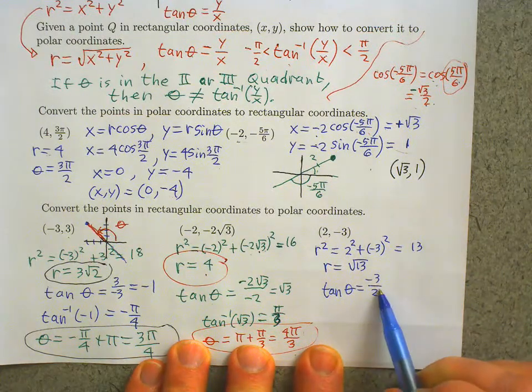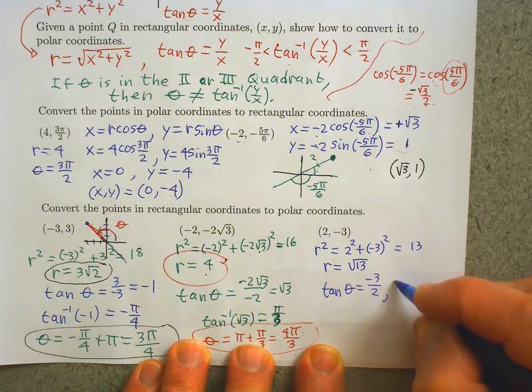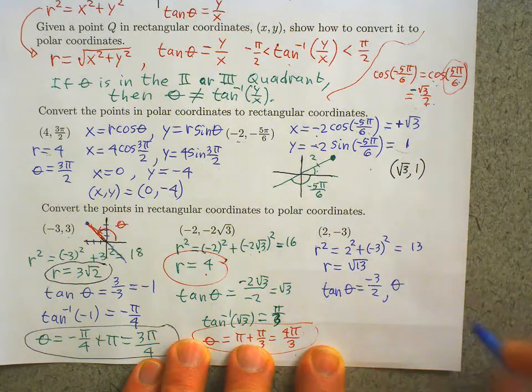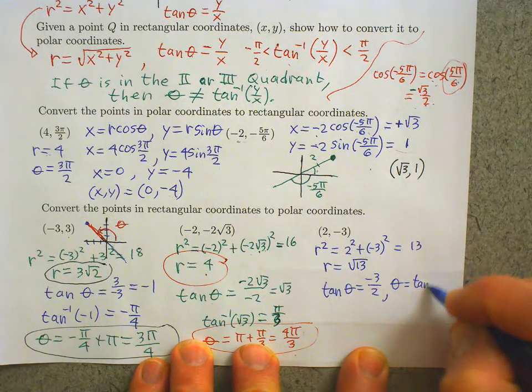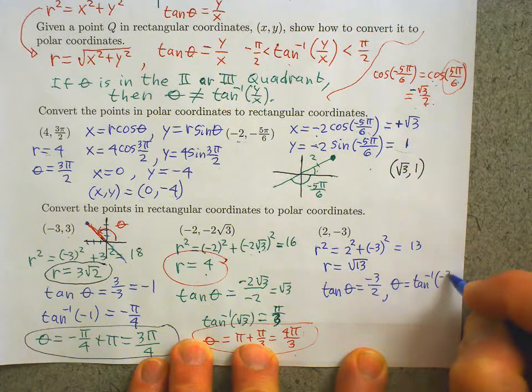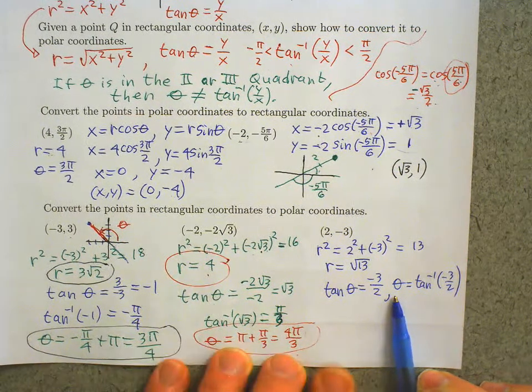Well, since it's in the fourth quadrant, it turns out that this time the theta that we want is the inverse tangent of -3/2. It will just be a negative angle, but that's okay.